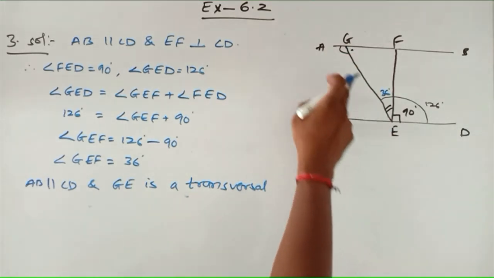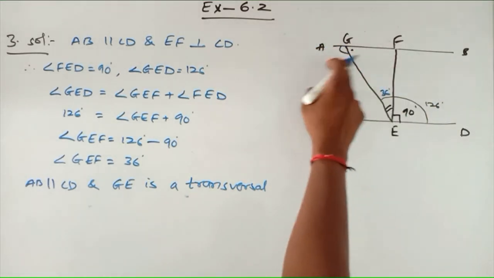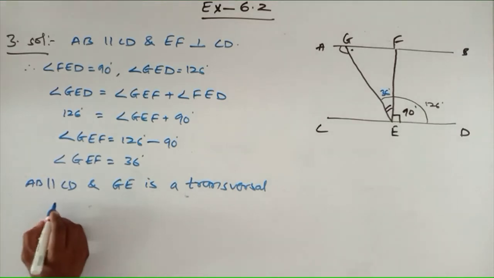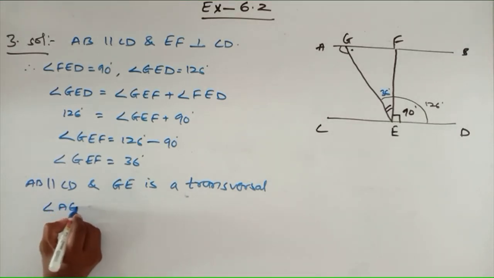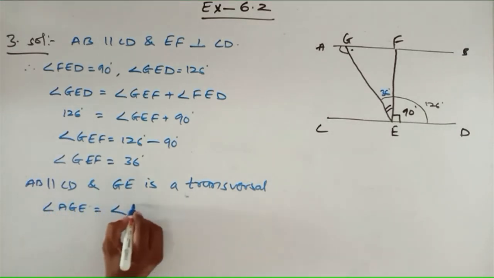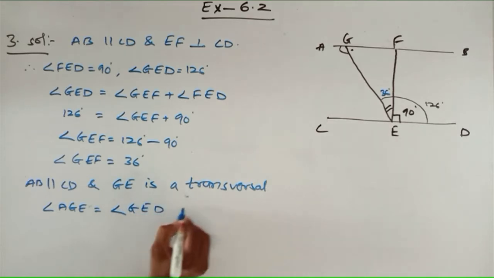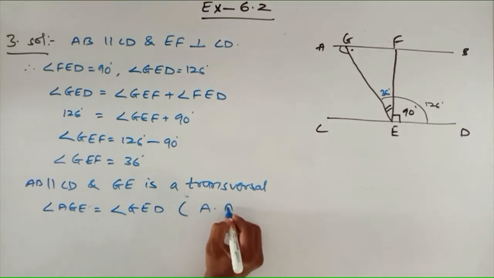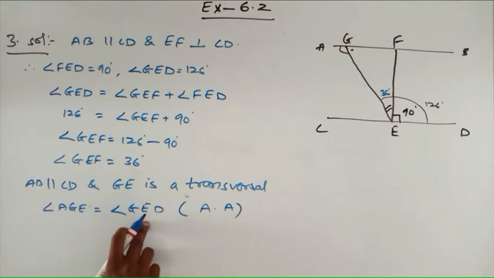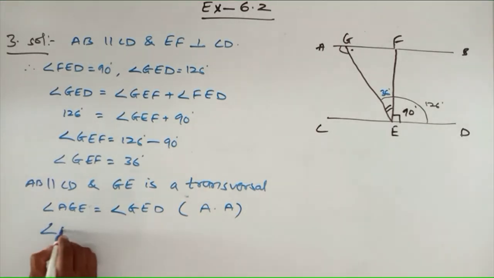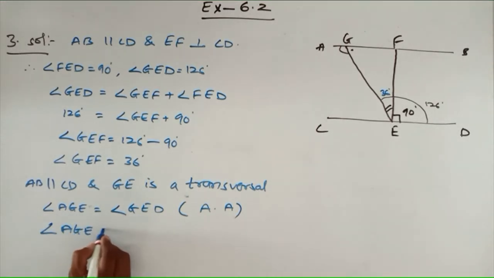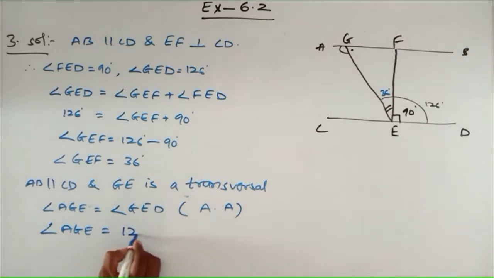Then these two are alternate angles. Angle AGE is equal to angle GED because these are alternate angles. I know the GED value is 126, so angle AGE is 126.